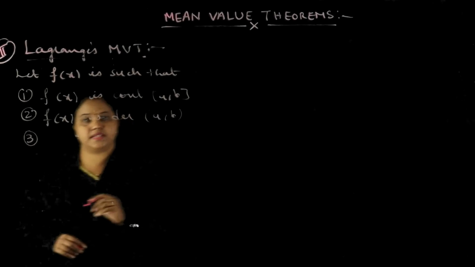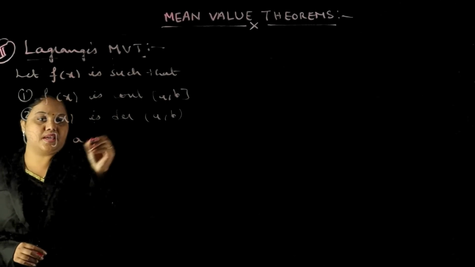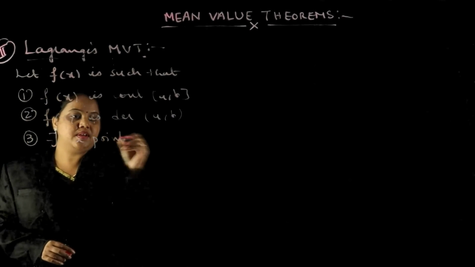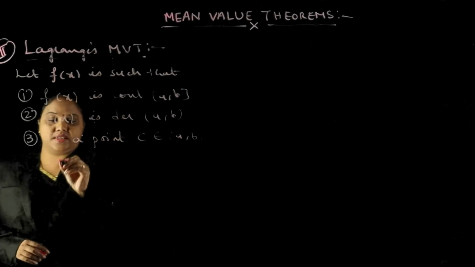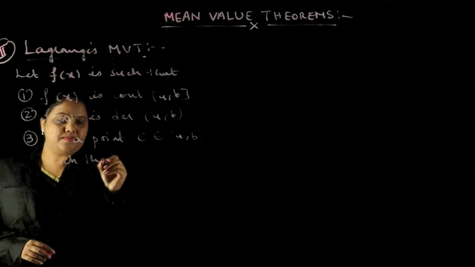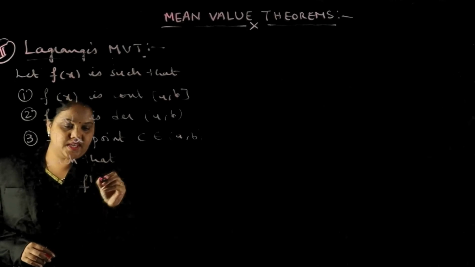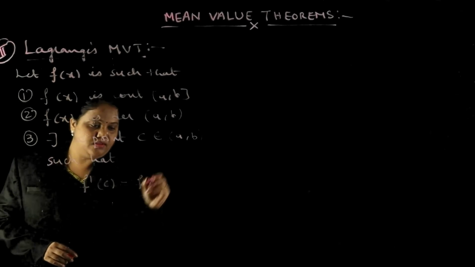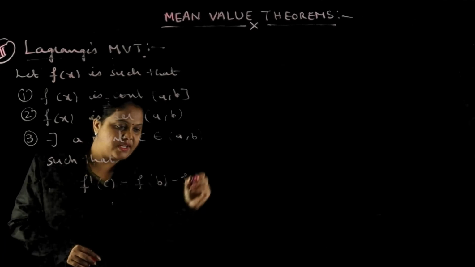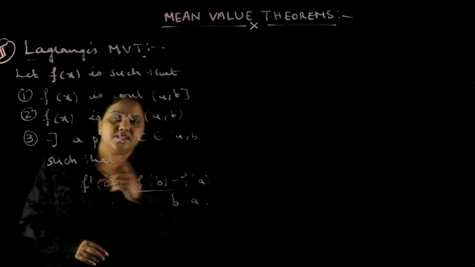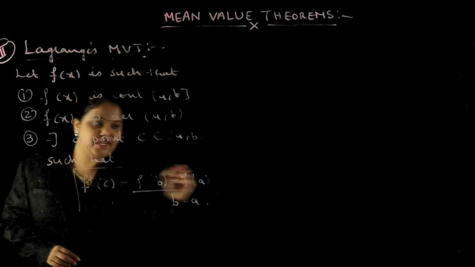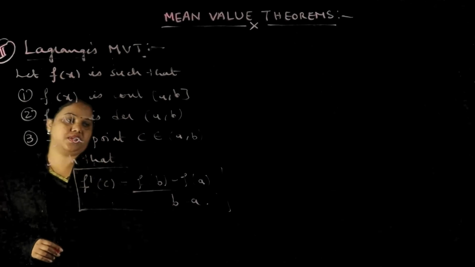Here the third condition says that there exists a point C belongs to open interval a comma b such that f dash of C will be equal to f of b minus f of a by b minus a. So this is the statement of Lagrange's mean value theorem.